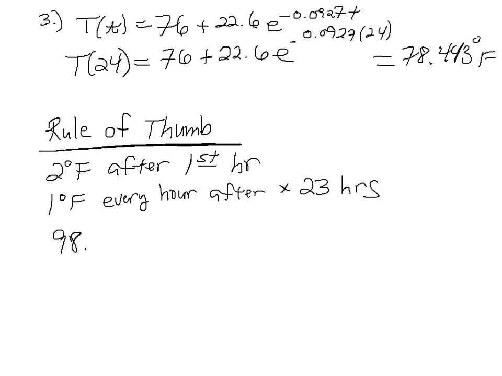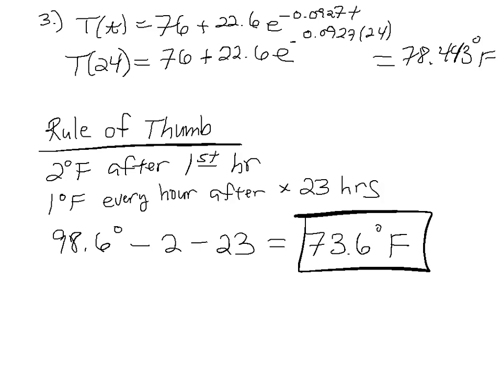And how does that compare to the rule of thumb? Well, we're starting out at 98.6 degrees Fahrenheit, and then we have to subtract. We lose 2 degrees after the first hour, and then we lose another 1 degree for the next 23 hours, so that's 23 degrees, and that turns out to be 73.6 degrees Fahrenheit.